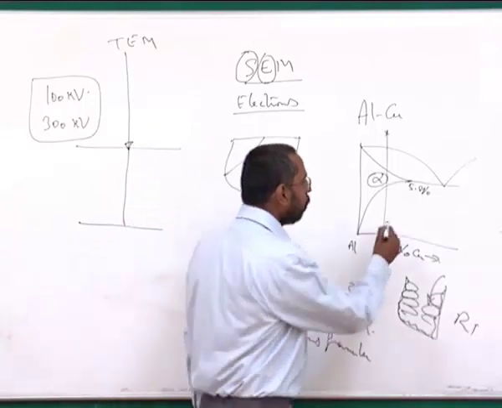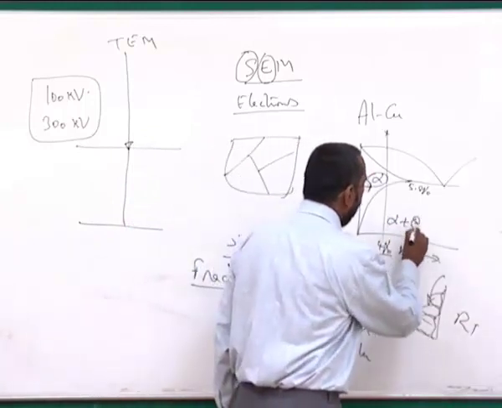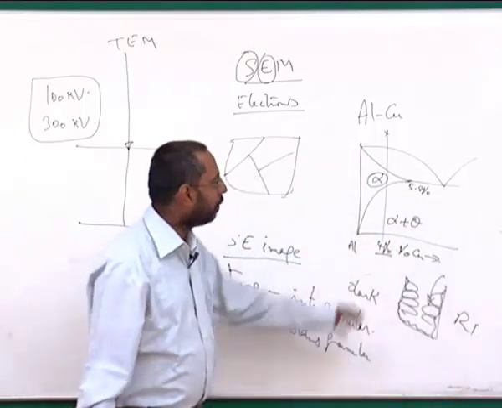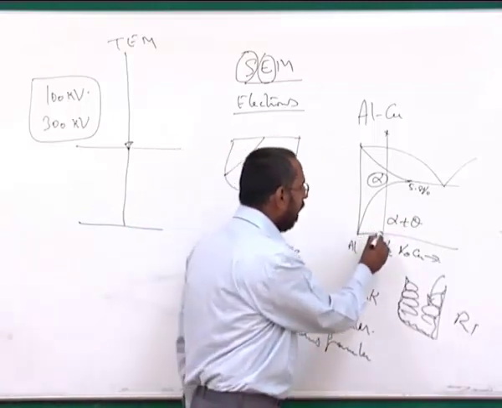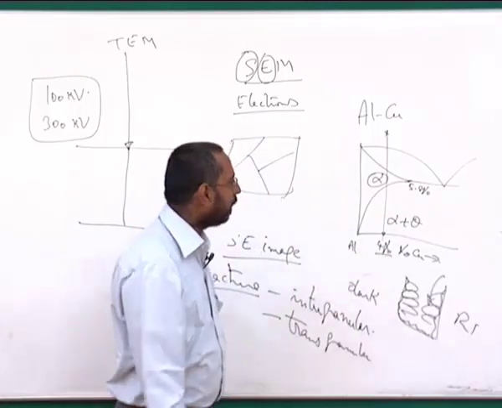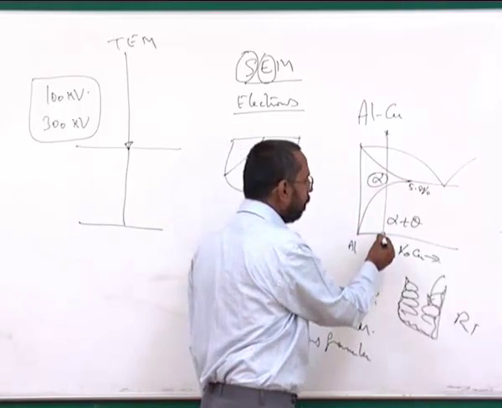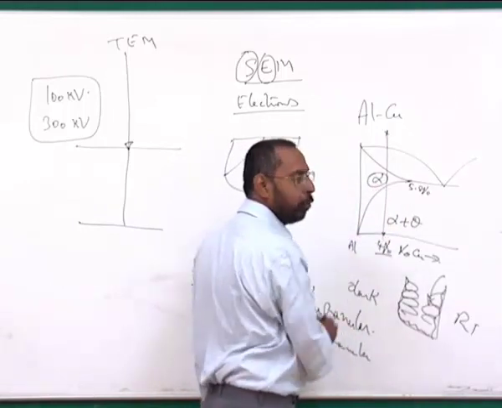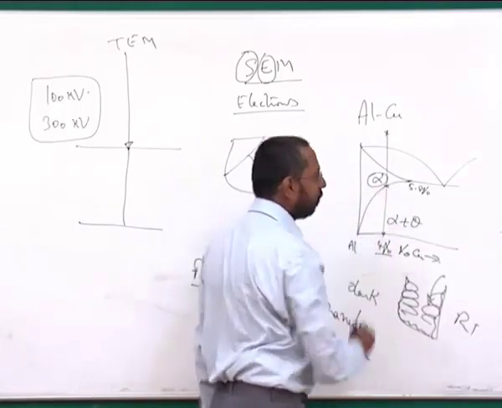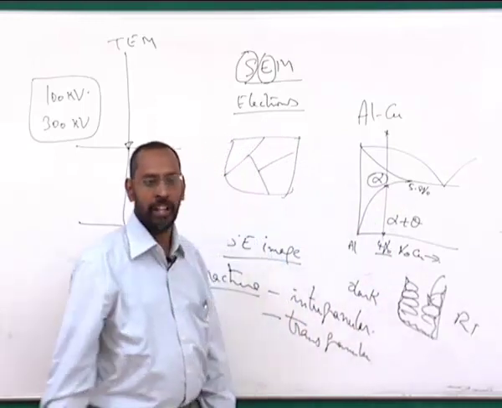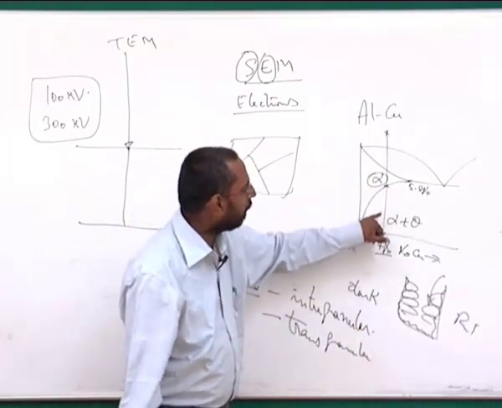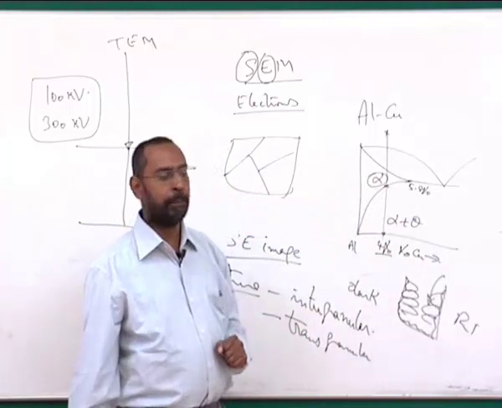The reason is this particular alloy under equilibrium conditions is supposed to have alpha plus theta at room temperature. So as a result, this alpha cannot remain as single phase alpha at room temperature, and the moment you cross this, which is called the solvus line, you will see that theta is precipitated out.